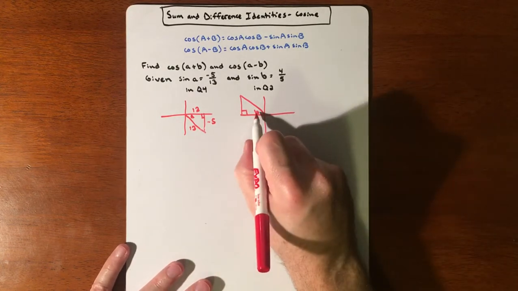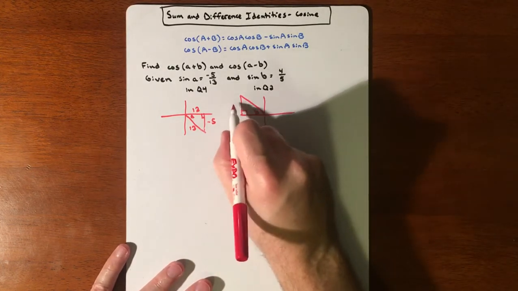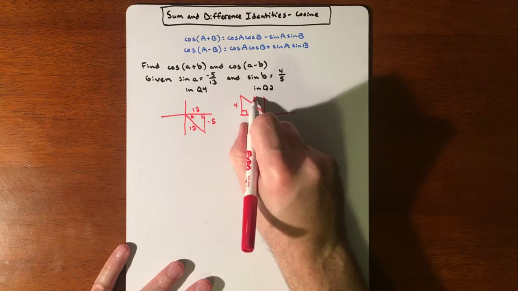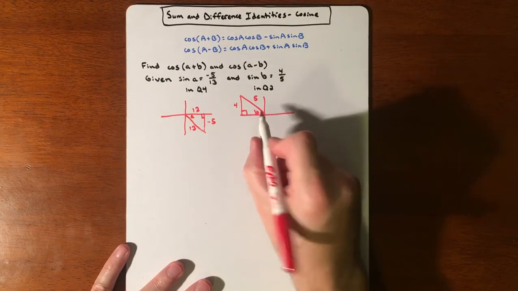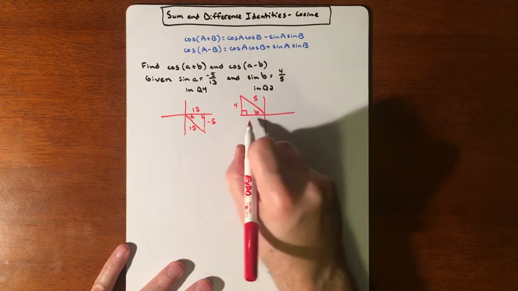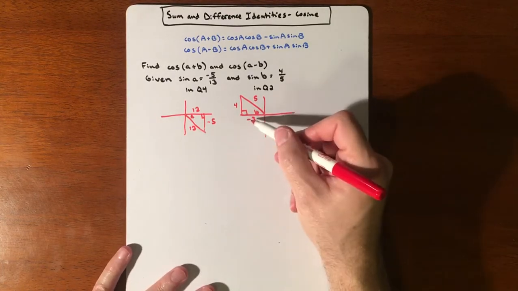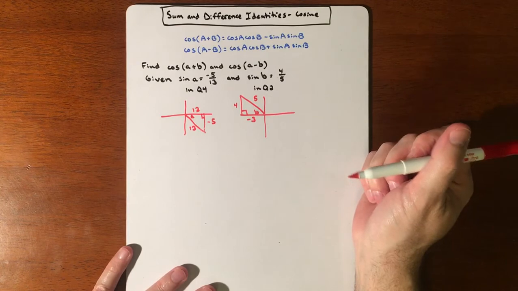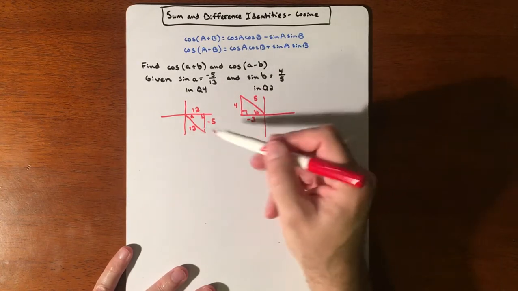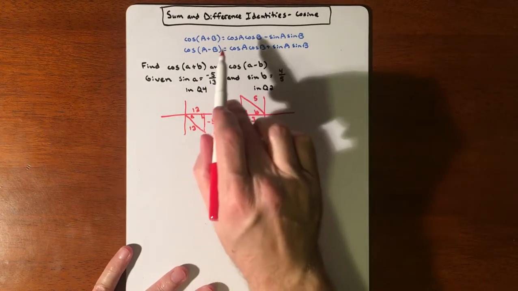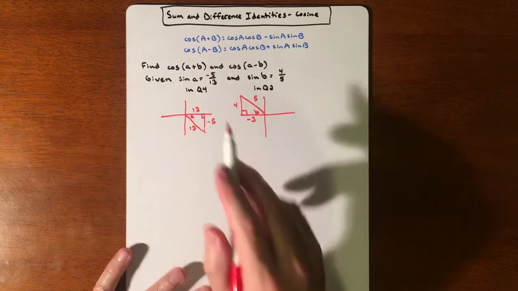And then here we have opposite over hypotenuse, 4 and a 5, or if you do Pythagorean theorem, or you recognize that this is a 3, 4, 5, and it's a direction, so we're heading back, so it's a negative 3. So that's literally all we need, these triangles, and we're just going to be basically applying these formulas.